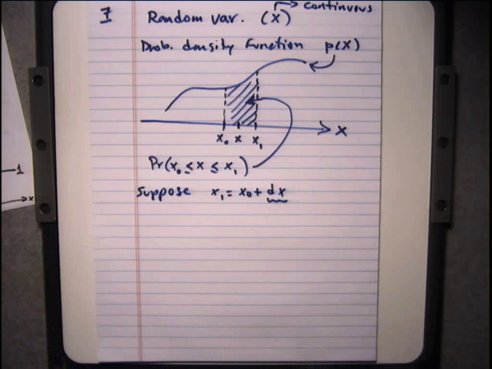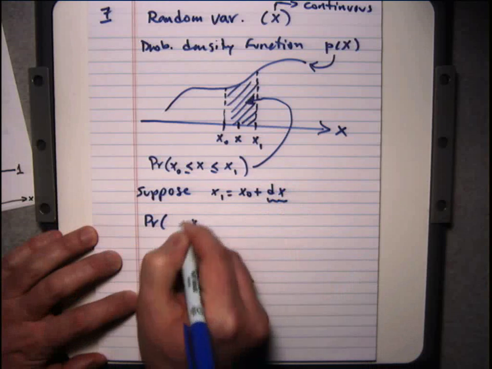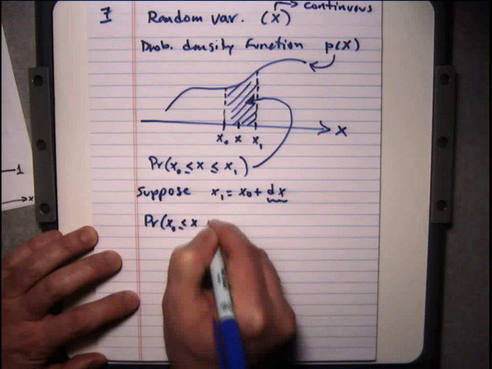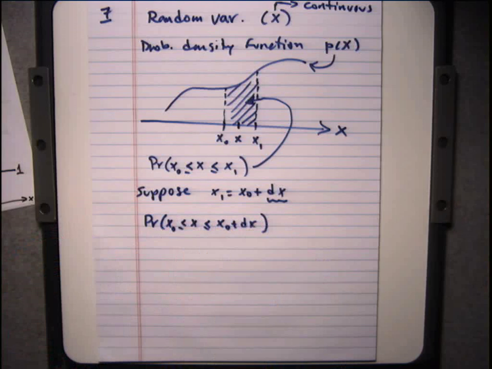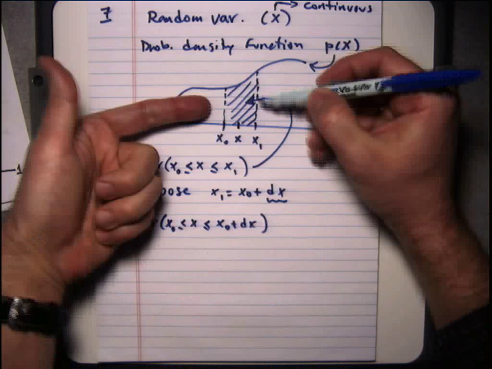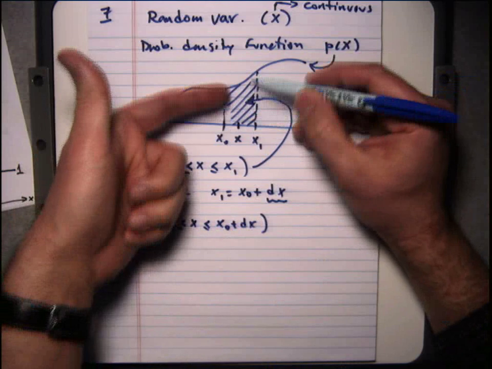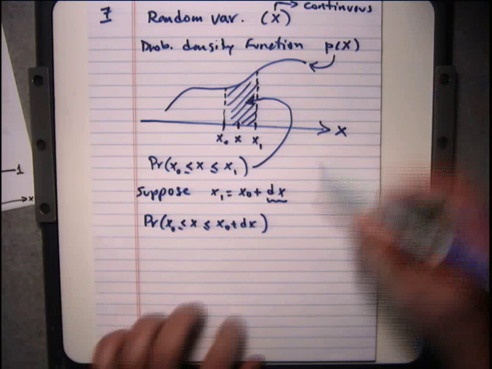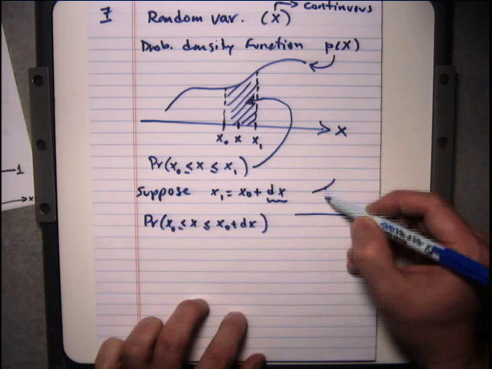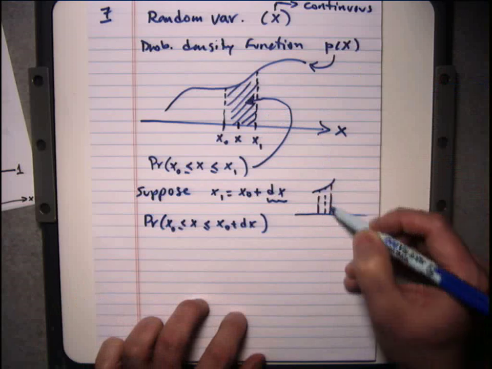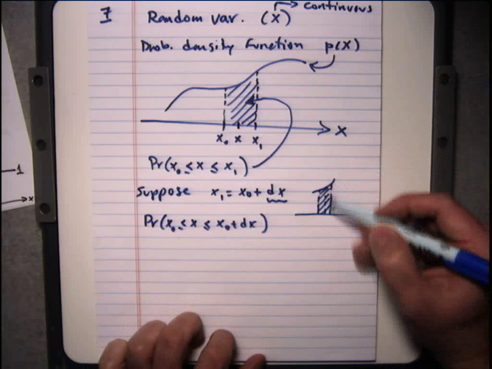So now you want to find out what is the probability of x being between x0 and x0 plus dx. Okay? So now what I'm asking you to do is to shrink this area under the curve to a really tiny rectangle underneath. Okay, so that would be something that maybe would look like that. Okay?